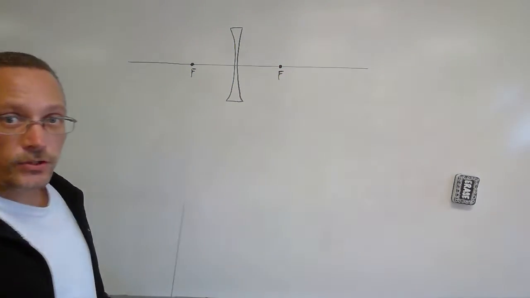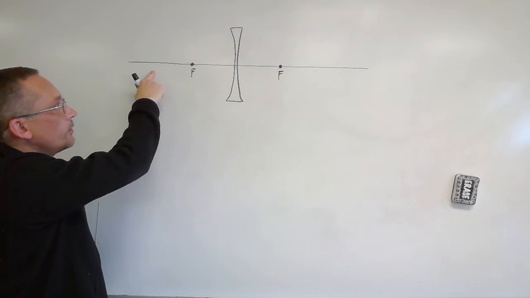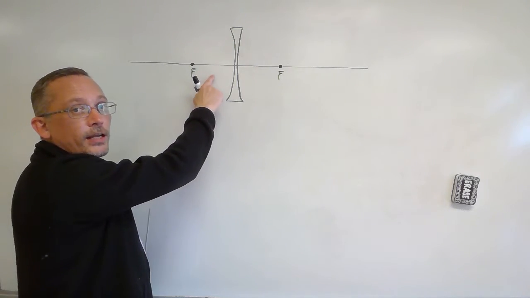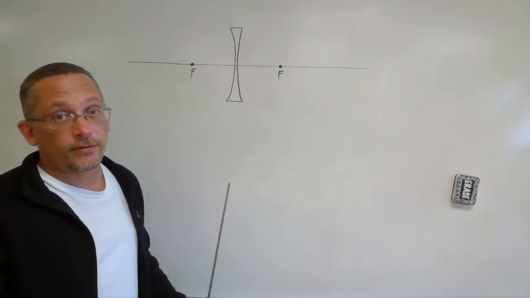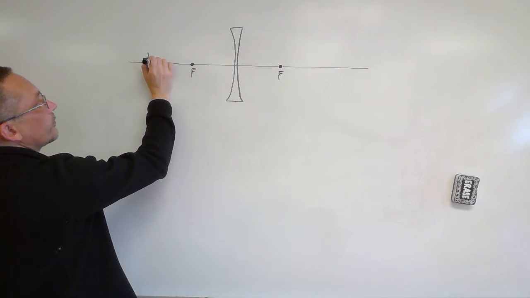Okay. And then let's draw our object. Let's say our object is maybe out here, outside of the focus. If we were to draw it inside of the focus, we might end up with a very different picture. So let's choose to look at the one outside of the focus here.